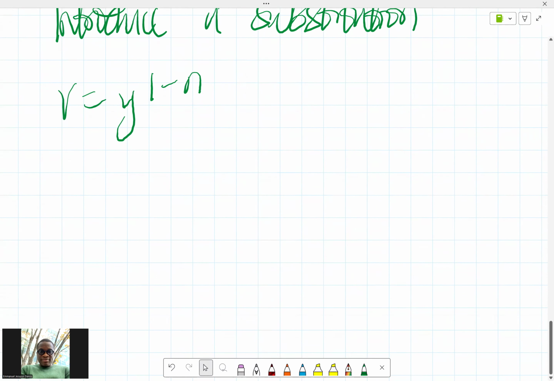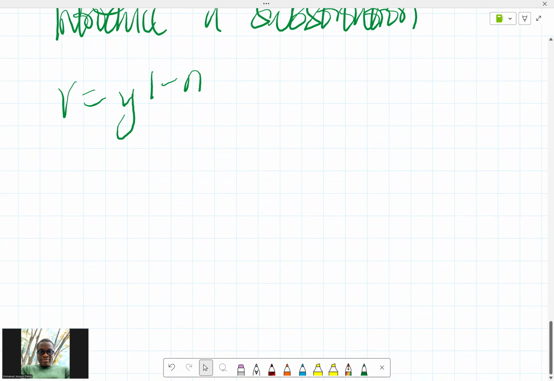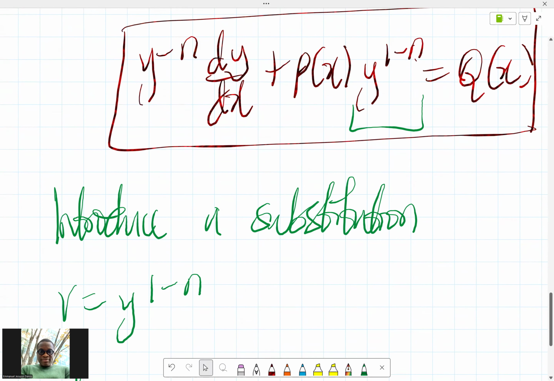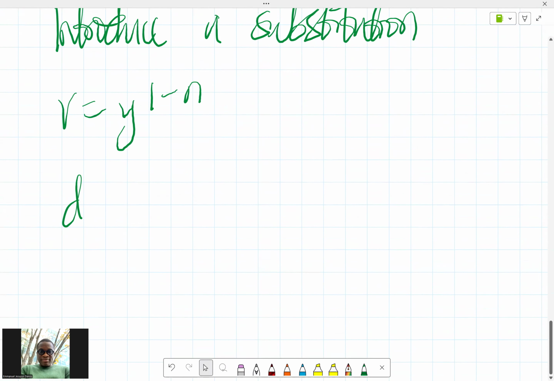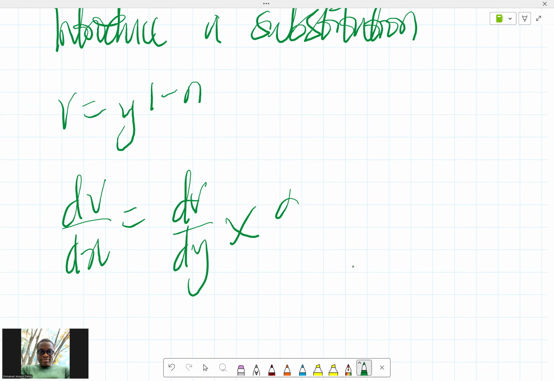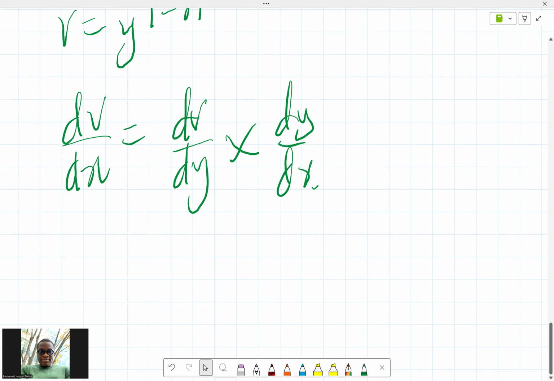We also need dy/dx, right? We know first of all here that dv/dx is going to be something like dv/dy times dy/dx. So from here we can get our dy/dx.